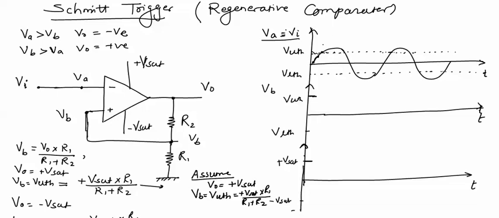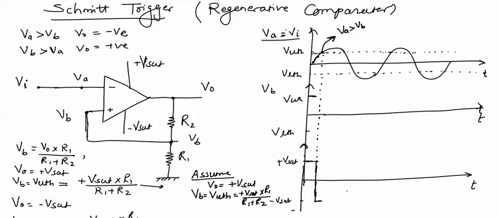At this point, when this point is crossed, Vi will be greater than VUTH, so VA will become greater than VB. When VA, which means Vi, becomes greater than VB, the output switches from plus Vsat to minus Vsat.